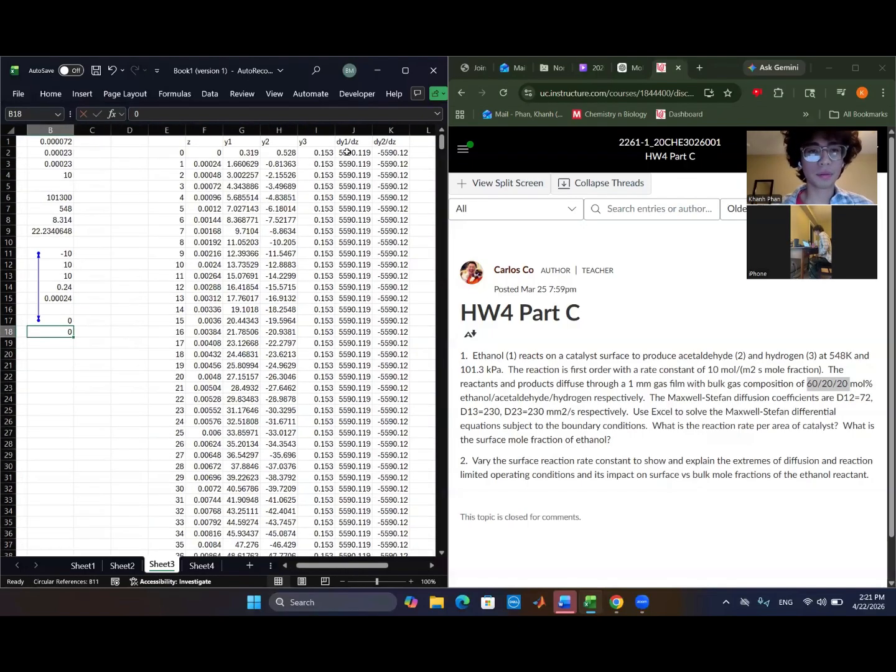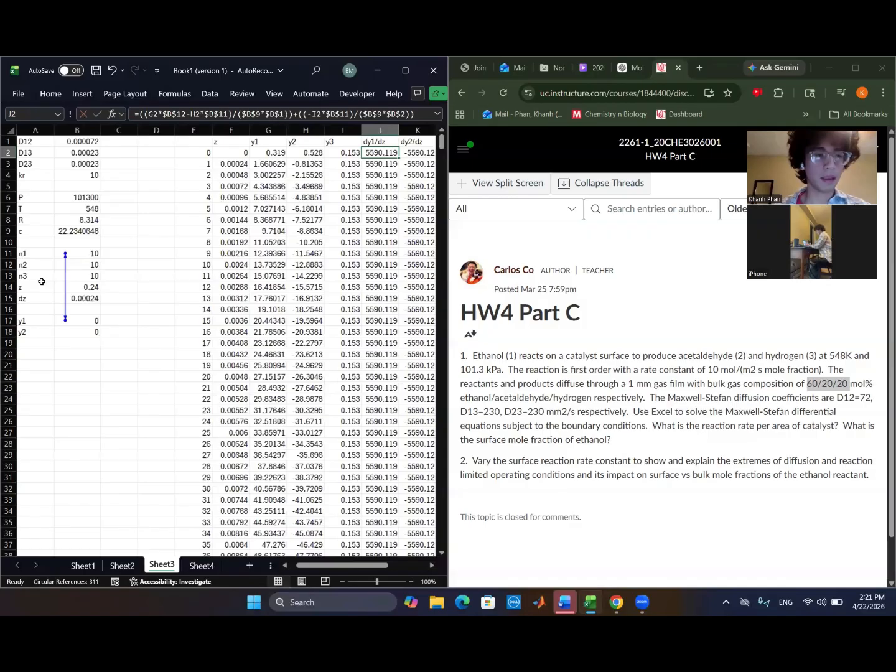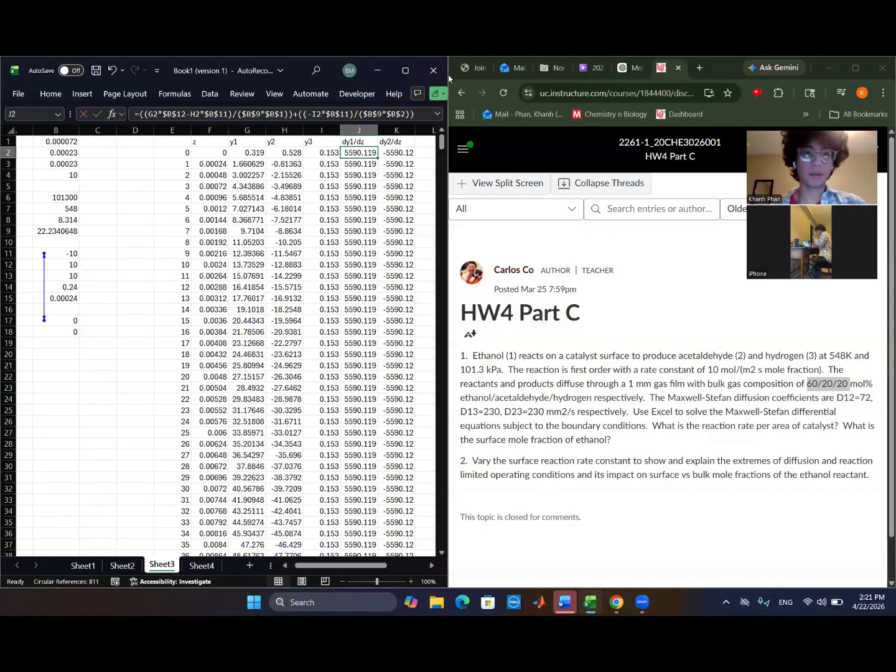Right? And now we can move on over here. Since there's the presence of N3, we have to fix our equation, because earlier we didn't include N3 since N3 was equal to 0.